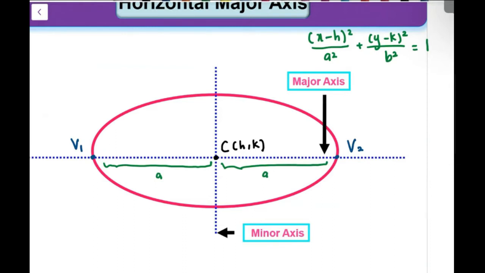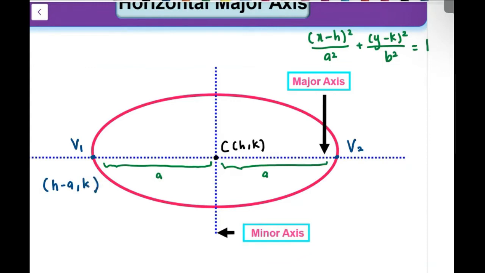Now for V1, we have to think logically. Between C and V1, only the x coordinate changes. The x coordinate changes, while the y coordinate is fixed, it does not move. V1 moves to the left, so x decreases. That's why our coordinate is (h minus a, k).